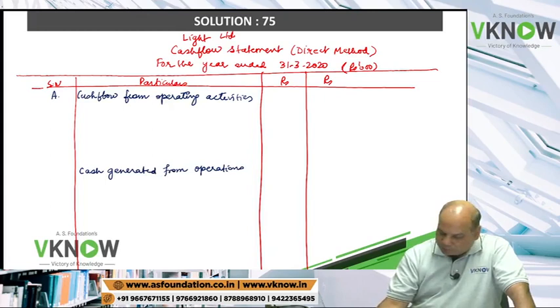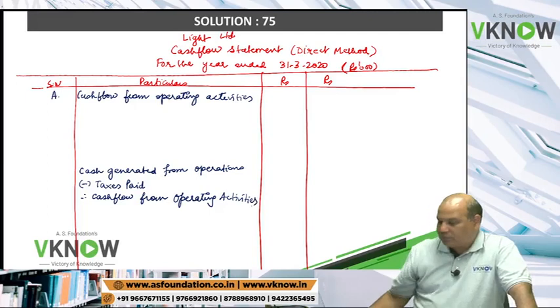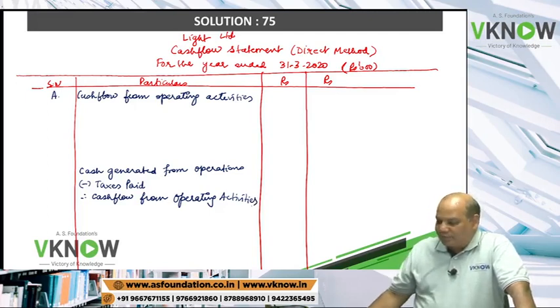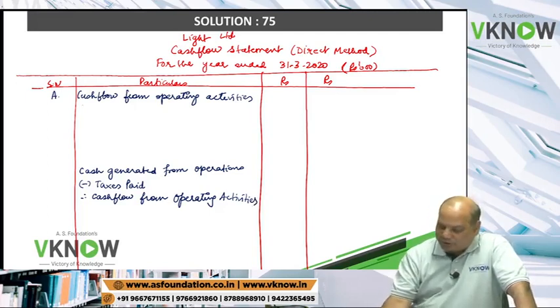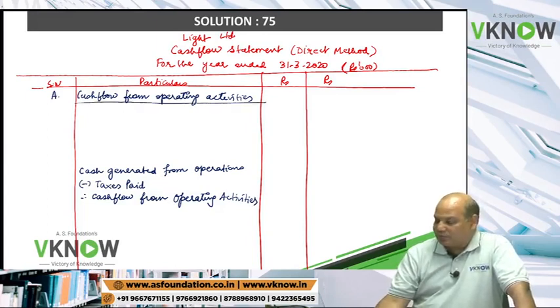Then write less taxes paid. Therefore, cash flow from operating activities. So simple.